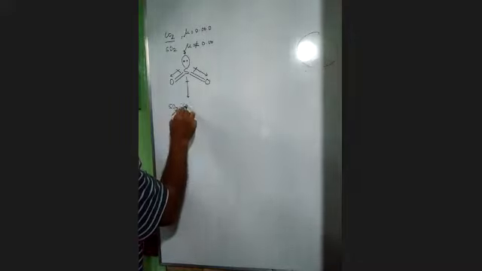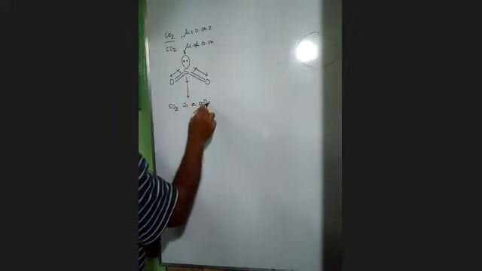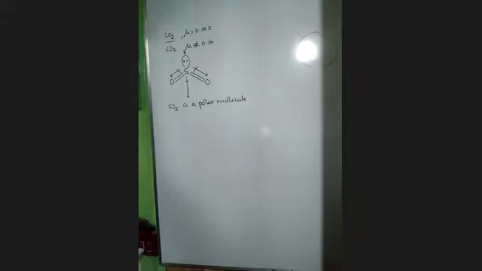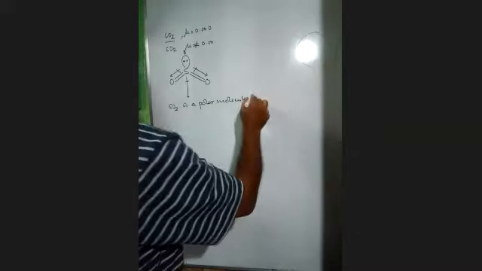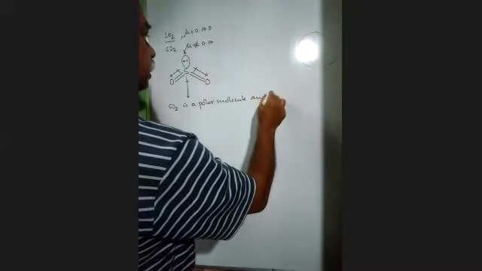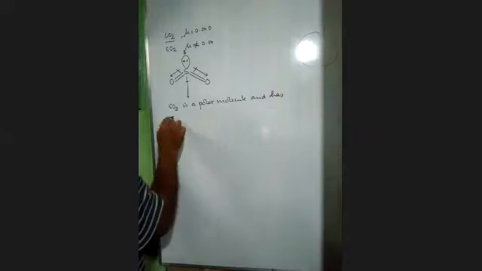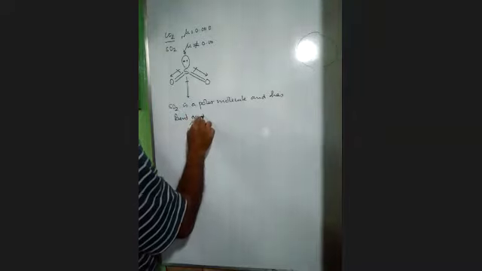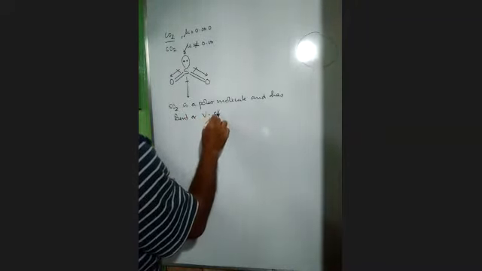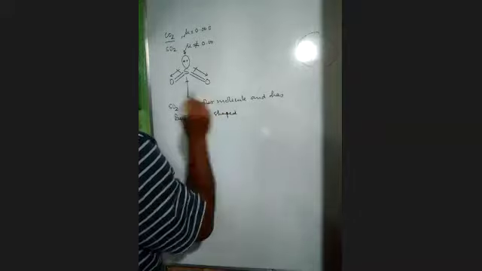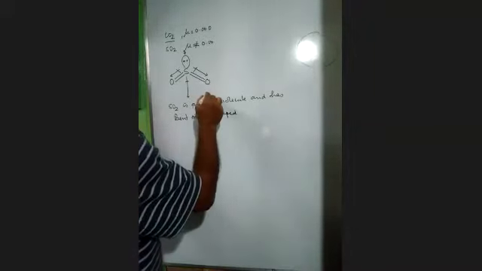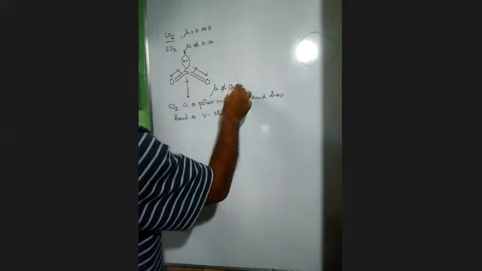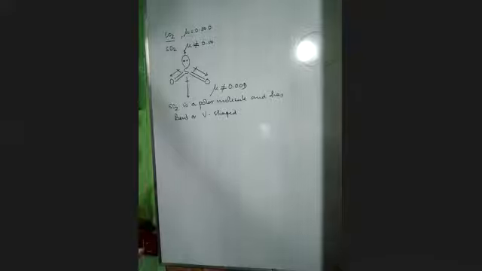Sulfur dioxide is a polar molecule and has a bent structure or shape. So in that case, you will find dipole moment is not equal to 0 Debye.